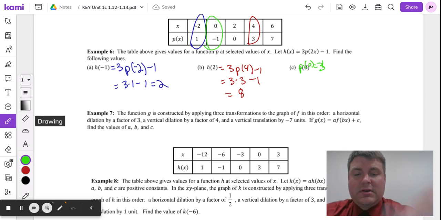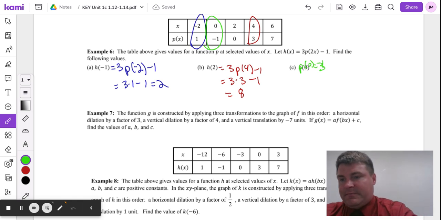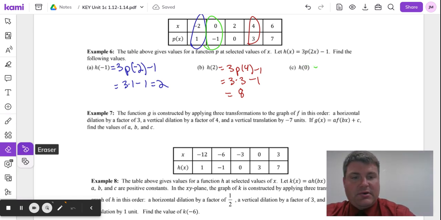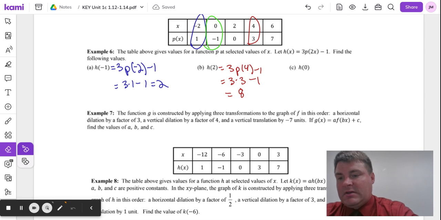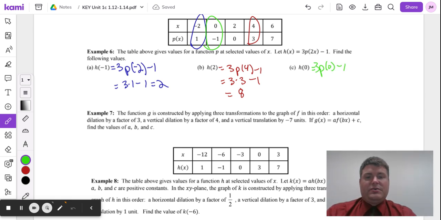X equals 0 is right there. So our p value is -1. What just happened, why did everything move over? We're going to try this again. 3 times p of 0 minus 1. So p of 0 is -1, so we're going to get -3 minus 1, which is -4.